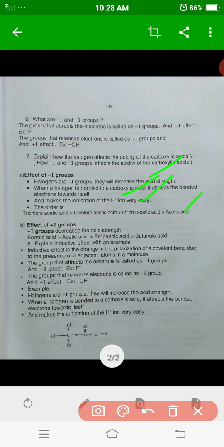Example: acetic acid, then chloroacetic acid, dichloroacetic acid, and trichloroacetic acid, which is the strongest. Next, the positive I effect: among butanoic acid, propanoic acid, acetic acid and formic acid, the plus I effect decreases the acid strength, and hydrogen increases acid strength.